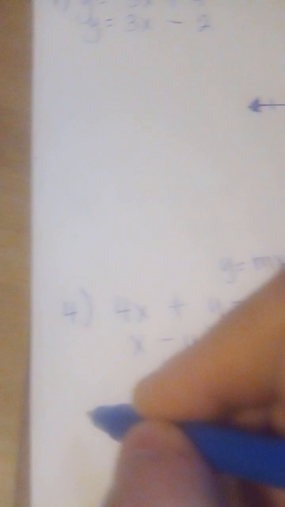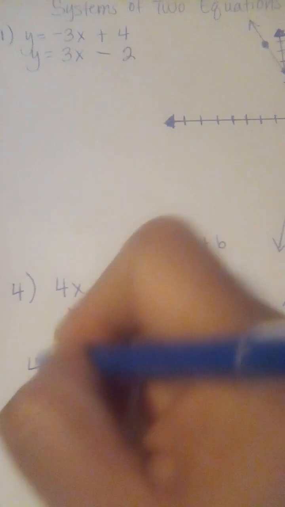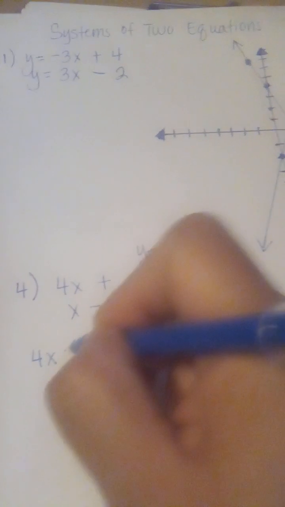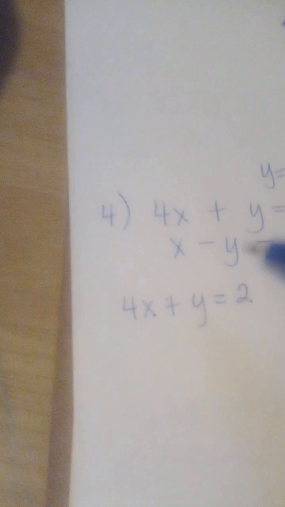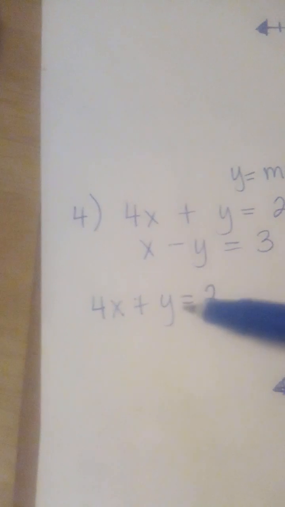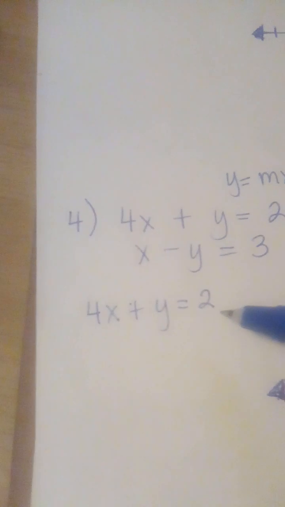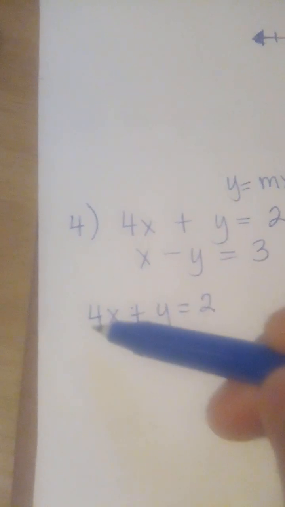So let's do this. Hope you can see this. 4x plus y equals 2. What do we do here to get the x to the other side? We do the opposite.